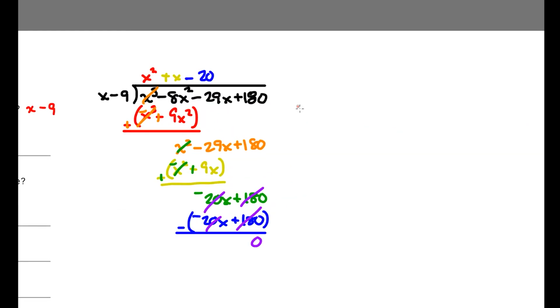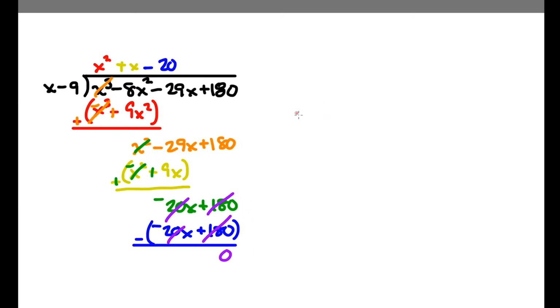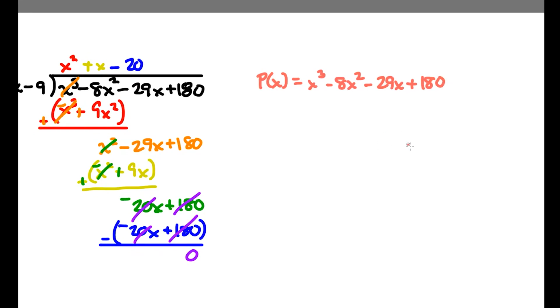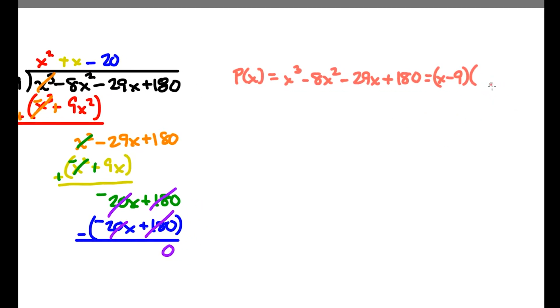Okay, so right now, based on what we have, we know that p of x is equal to x cubed minus 8x squared minus 29x plus 180. And this is going to be equal to x minus 9, that's one of the factors, times x squared plus x minus 20.